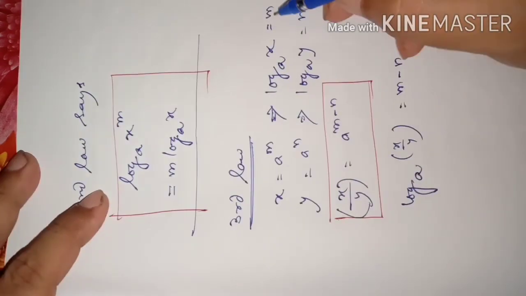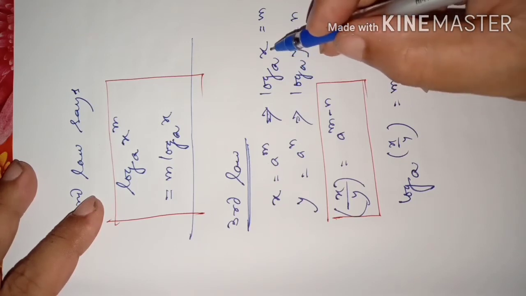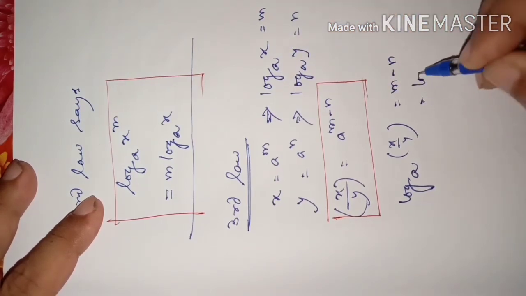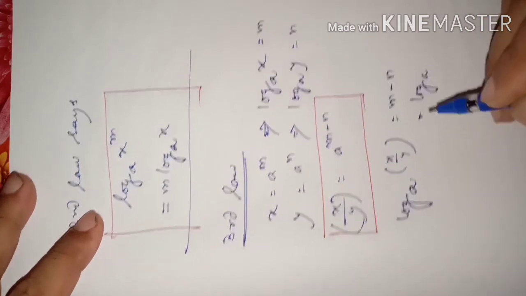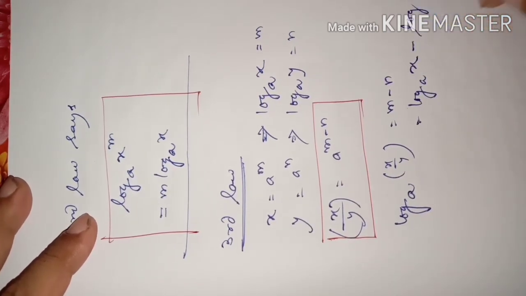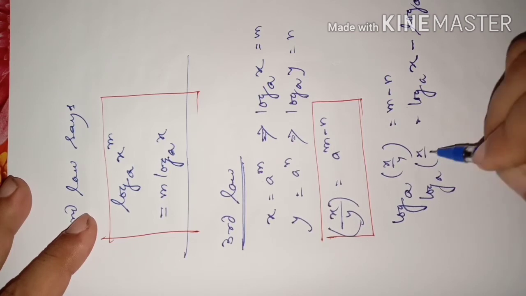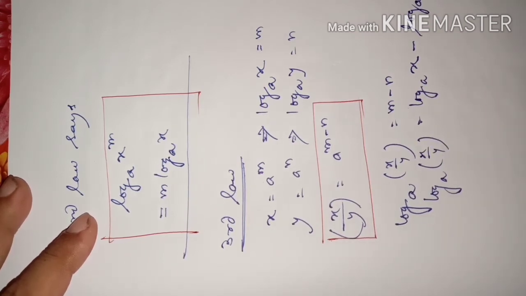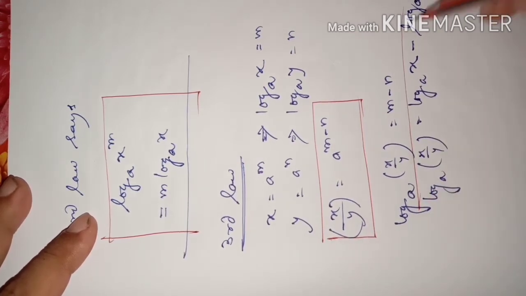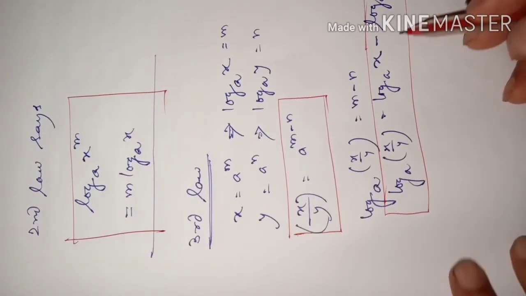But what does m stand for? Log to the base a of x. So this is log to the base a of x minus log to the base a of y. So log to the base a of x divided by y is this. When it is about the logarithmic value of a quotient, it can be separated by subtraction.